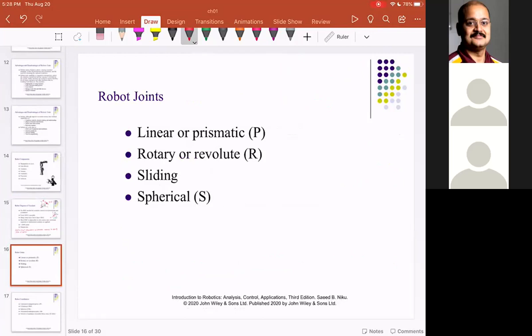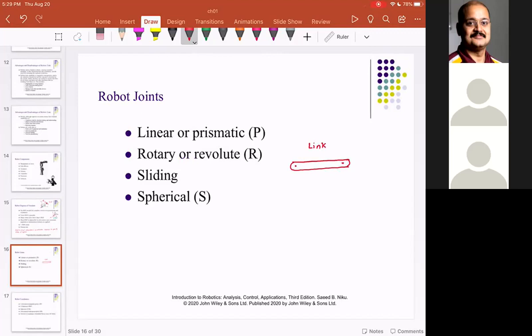Now, this is a basic thing. Whenever we analyze robots, they can be made up of different joints. Before that, I need to give you a simple definition of a link. A link is a mechanical element that has relative motion with respect to other elements.